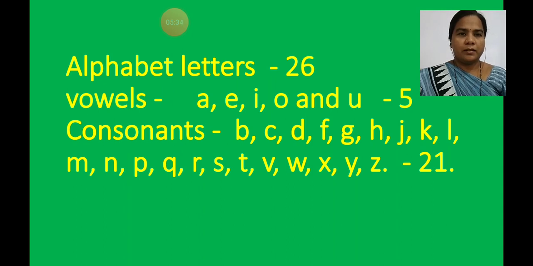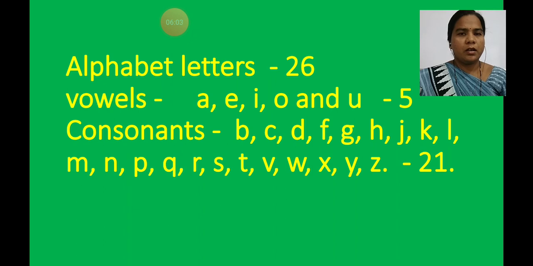The remaining letters are B, C, D, F, G, H, J, K, L, M, N, P, Q, R, S, T, V, W, X, Y, Z. So these 21 letters are consonants.